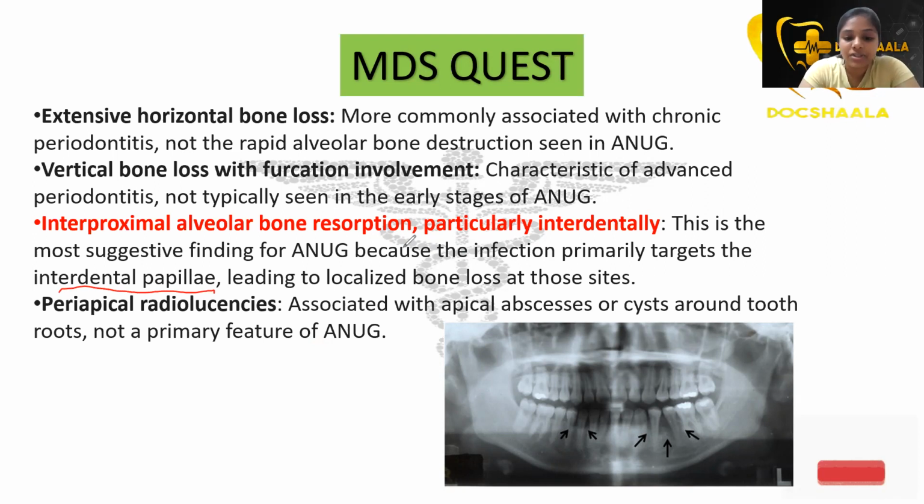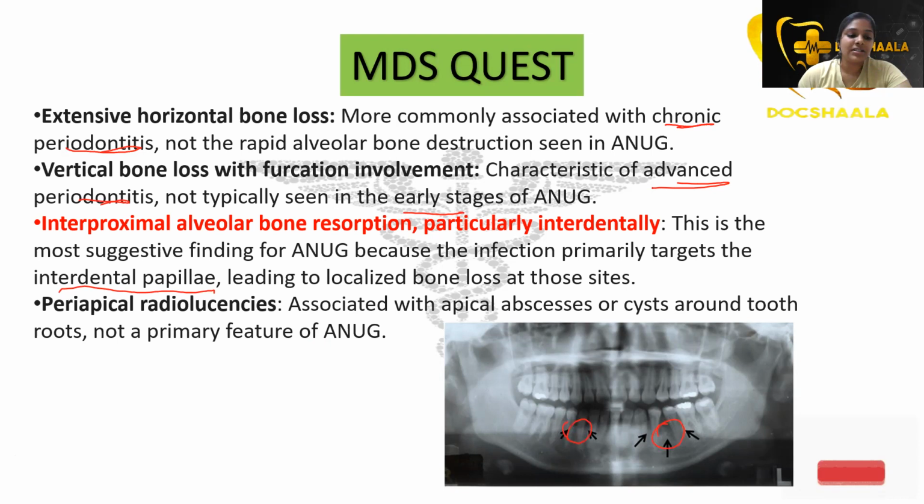And periapical radiolucencies are seen only if there is an associated apical abscess or cyst around the tooth. Okay, horizontal bone loss is seen in chronic periodontitis. Okay, and vertical bone loss with furcation involvement is seen in advanced periodontitis. It is not seen in the early stage of ANUG. Okay, so the diagnostic feature we can see in the OPG is interproximal alveolar bone resorption, particularly interdentally.